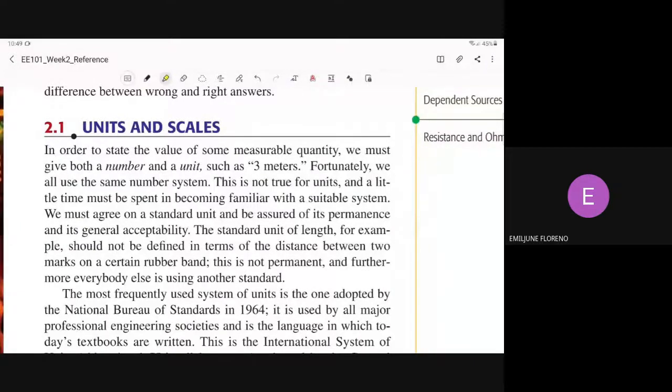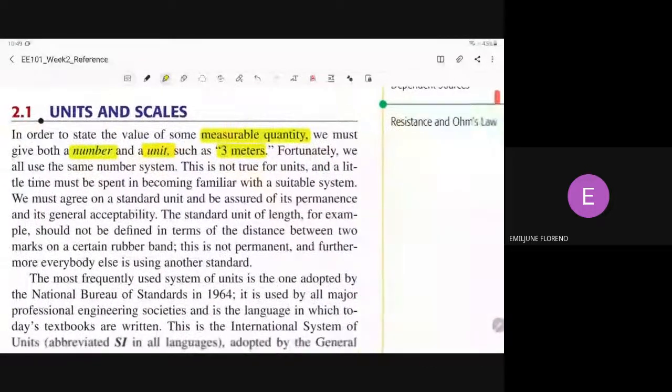But just to recall, whenever there is some measurable quantity, we need to describe it in terms of a number and a unit. For example, 3 meters. We have the number and we have the unit. The unit is very important because it will avoid confusion on your end and on my end whenever we are discussing or solving problems.